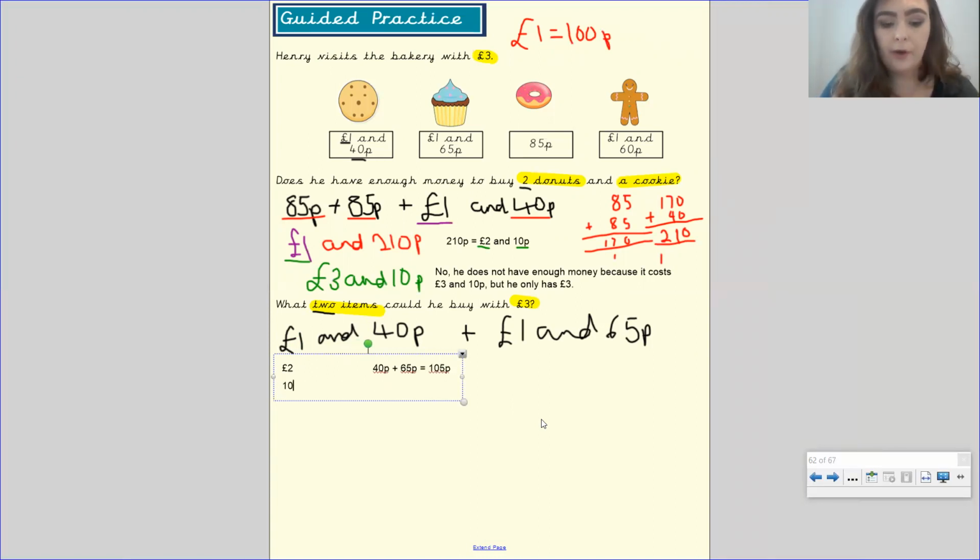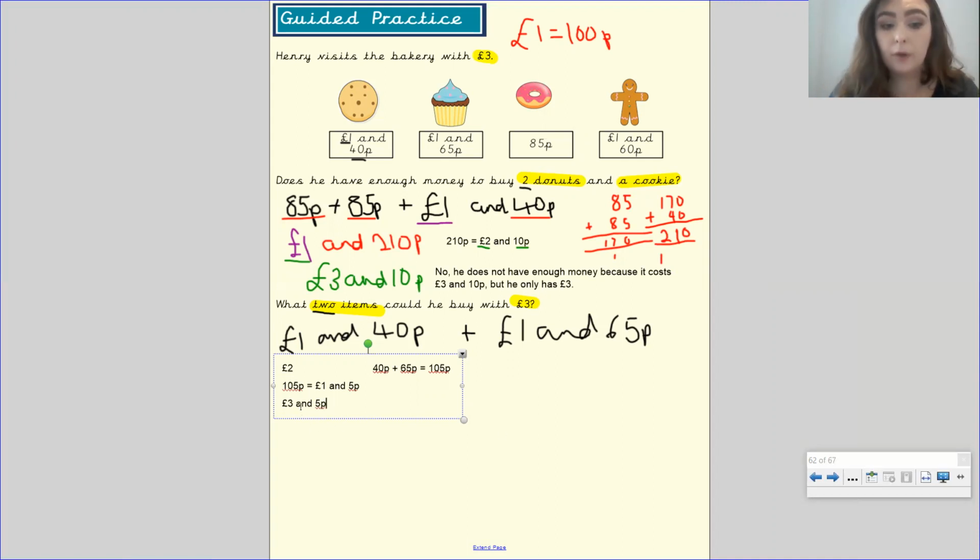Now, if we know that 105 pence is the same as £1 and 5 pence, and then we add the £2 and £1 together, which gives us £3, and then the pence, which gives us 5 pence, can he afford the cookie and the cupcake?